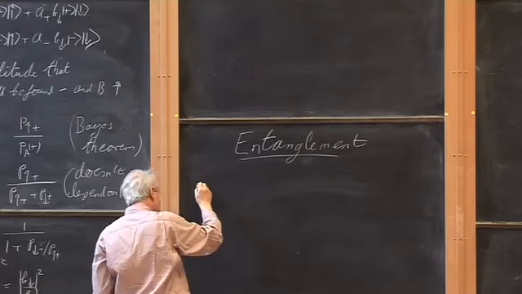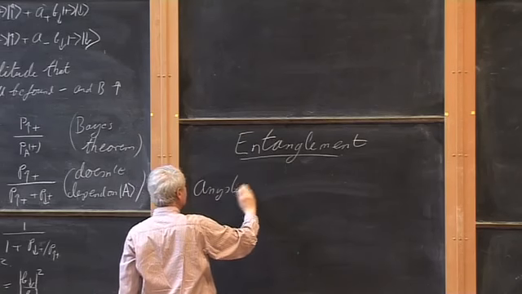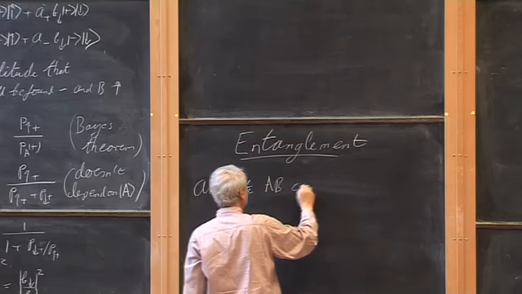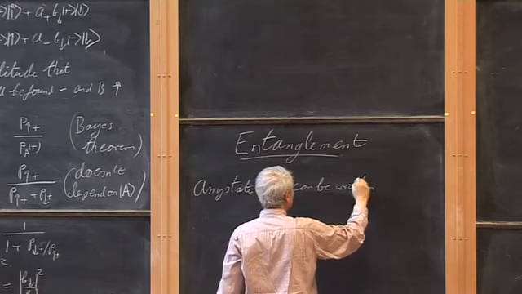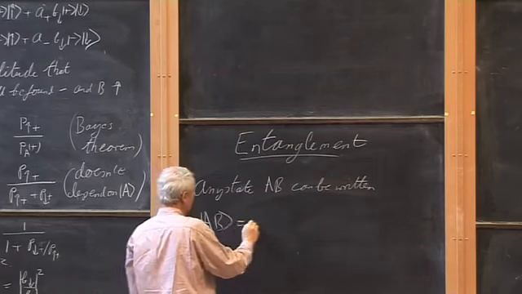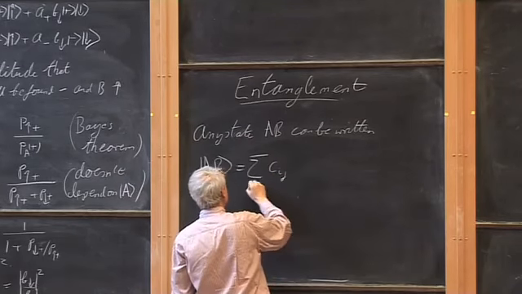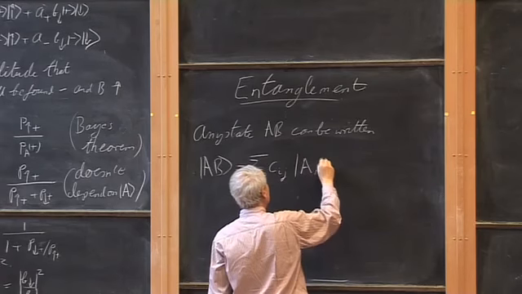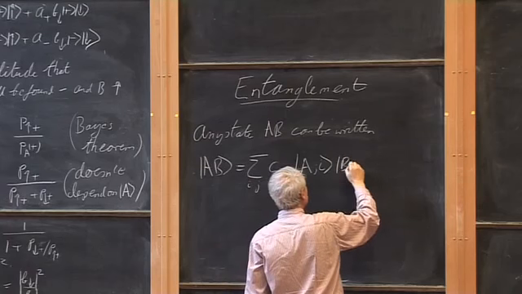Any state of AB can be written as the state AB equals the sum C_ij, summed over i and summed over j, of states A_i B_j.